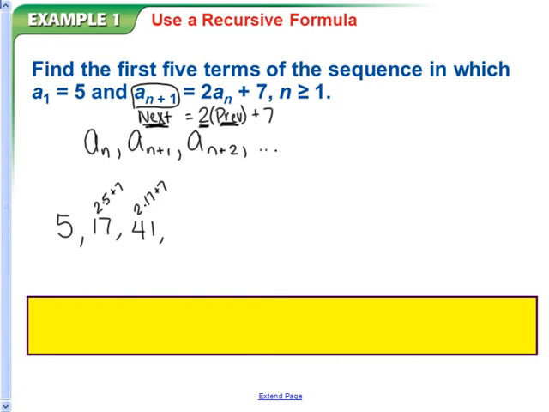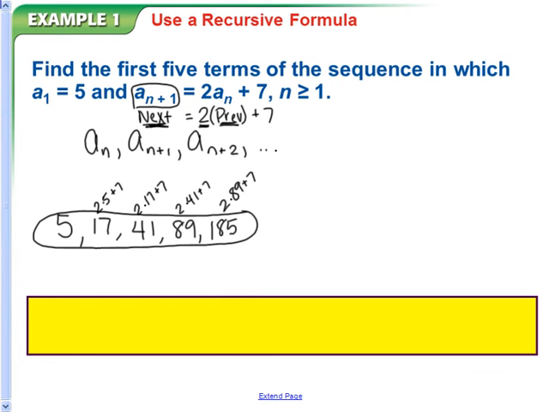Again, the next one equals 2 times my previous plus 7. 2 times 41 plus 7 comes out to be 89. How far do I need to go? Find the first 5 terms. So one more. 2 times my previous plus 7: 185. That's my first 5 terms of the sequence.